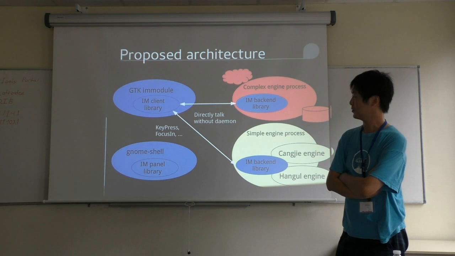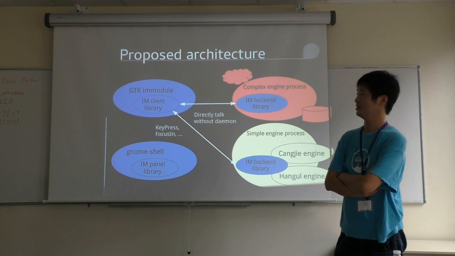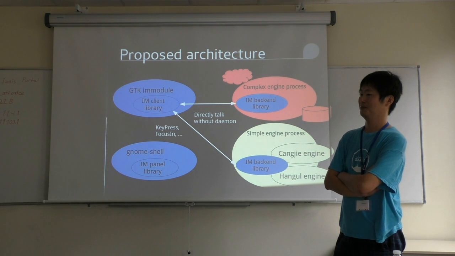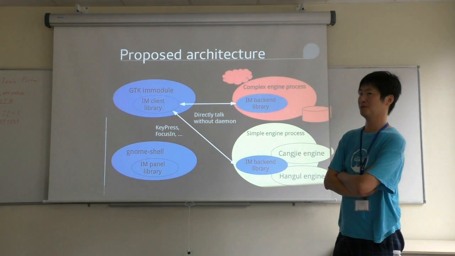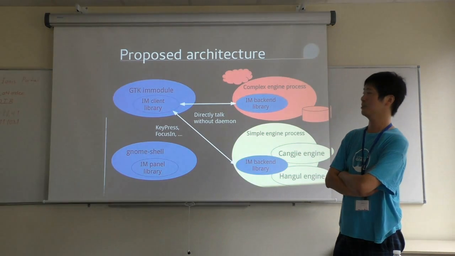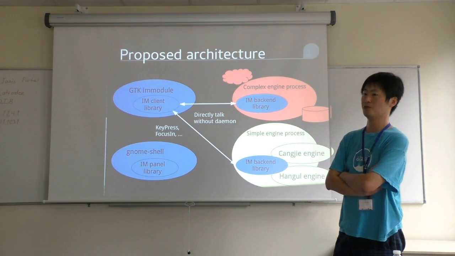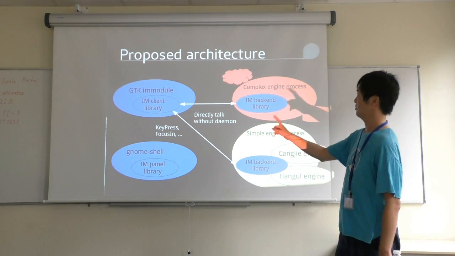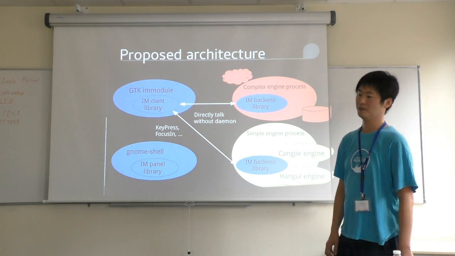The Wayland input method protocol is still not fixed, so maybe we could use it, but I'm not sure of the current status of the protocol. Perhaps we still continue using the GTK IM module and directly communicate via D-Bus or something.